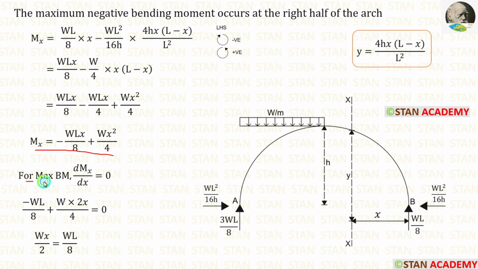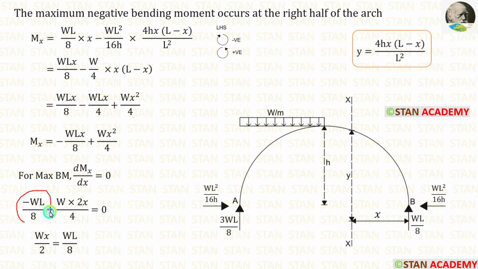We know that for maximum bending moment, dMx by dx is equal to 0. We have to differentiate this equation with respect to x. When we differentiate x, it will be 1. So we will get minus WL by 8. When we differentiate x square, we will get 2x.